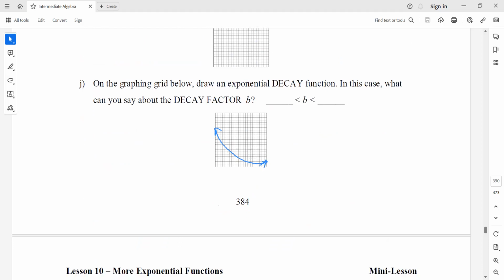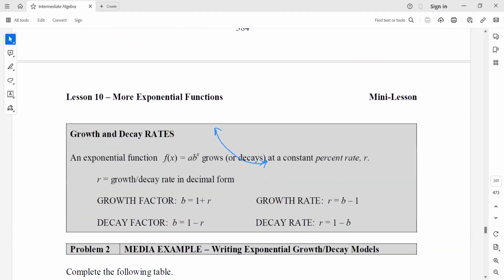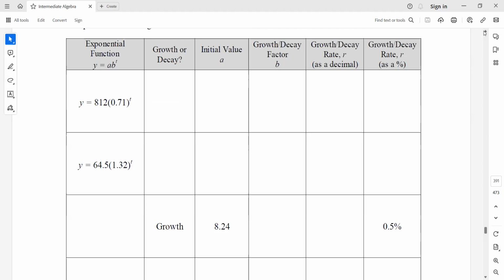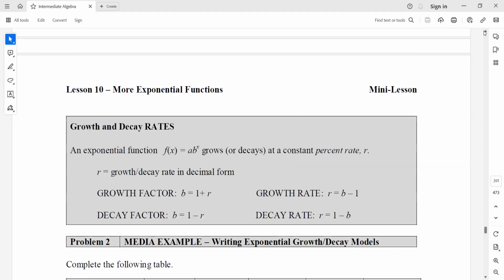Now let's talk about growth and decay rate. When you have an exponential, f of x equals a b to the x, we know that it's either a growth function or a decay function.